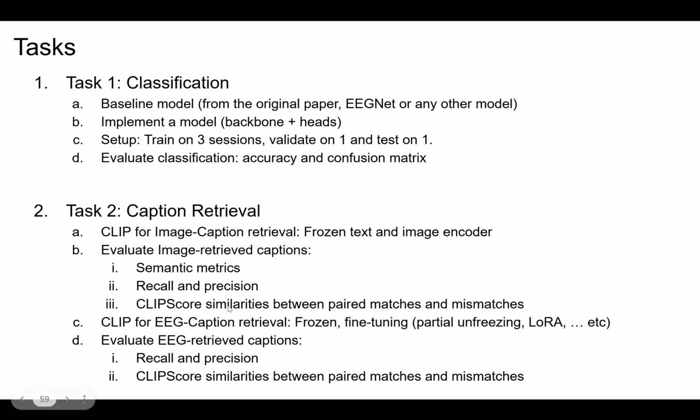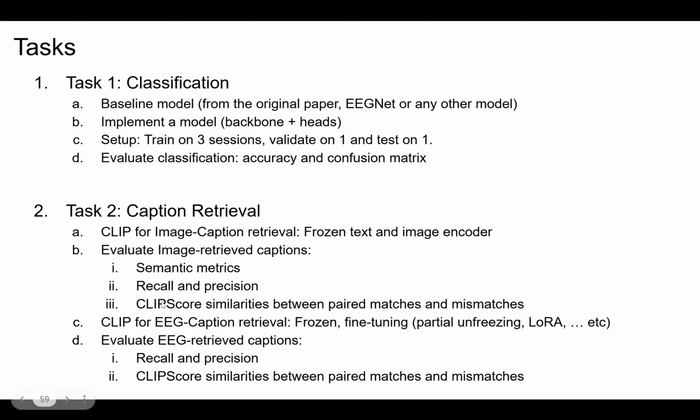And as you saw, the 2 distributions were separate from each other, the CLIP score similarities between paired matches and mismatches. I believe this is very straightforward: no training, nothing. You will just download the model and figure out how to make it work, and it will give you all of those scores.